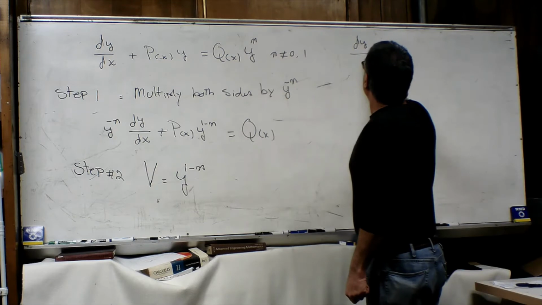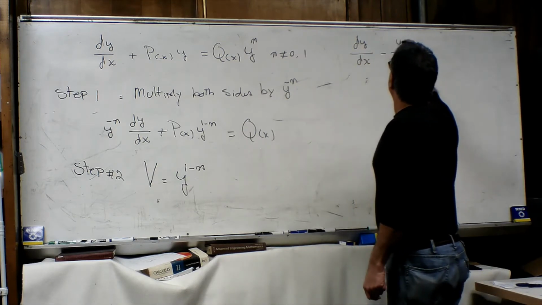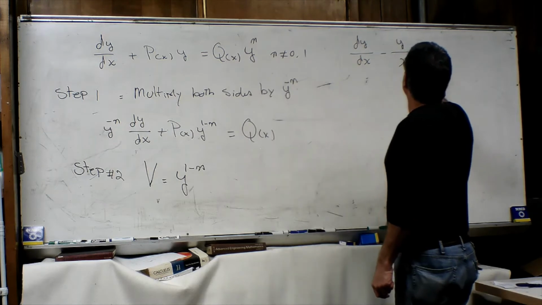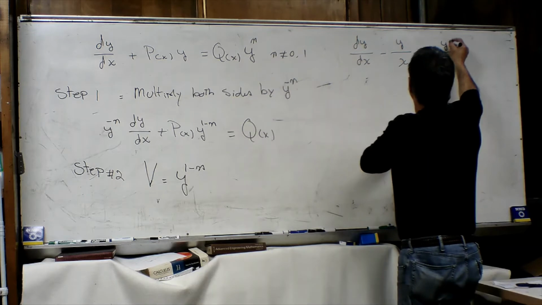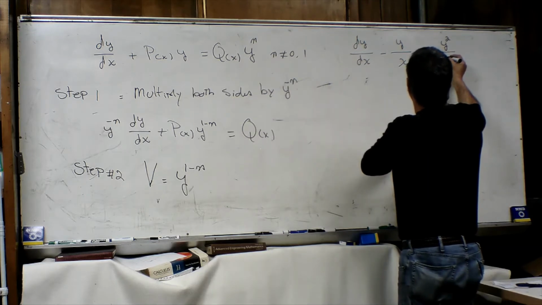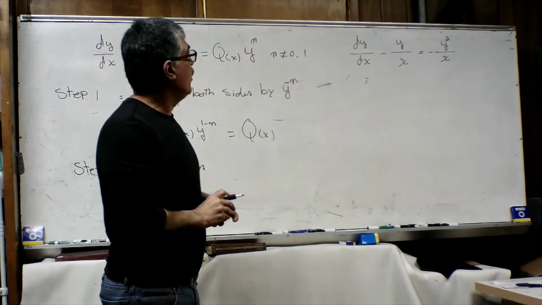dy over dx minus y over x is equal to minus y squared over x. Let's say we have an equation like that.